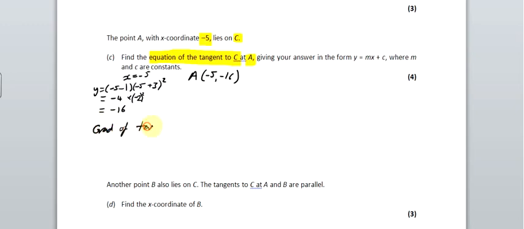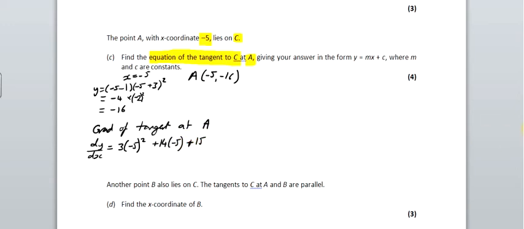Now, the gradient of the tangent at A. Well, we've just worked out the gradient of the curve in the last part, so it's given by dy by dx, and it was 3 times x squared, so that's minus 5 squared, plus 14 times x, which is minus 5, plus 15.